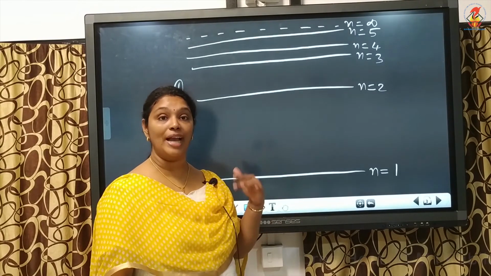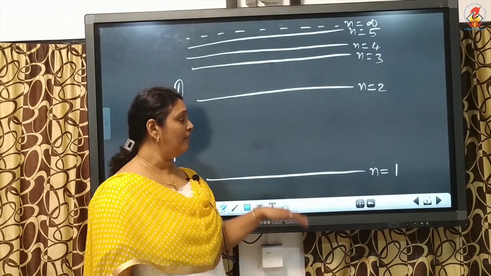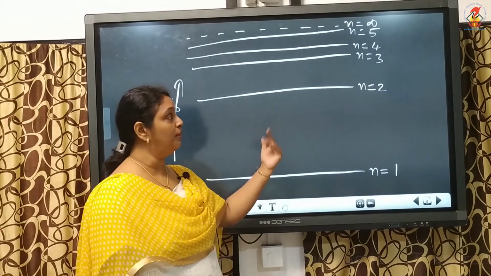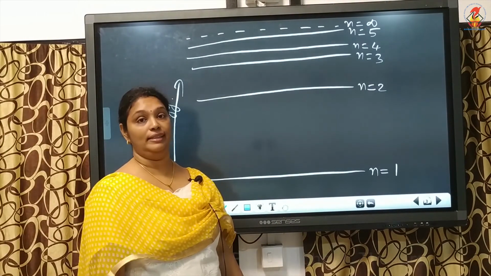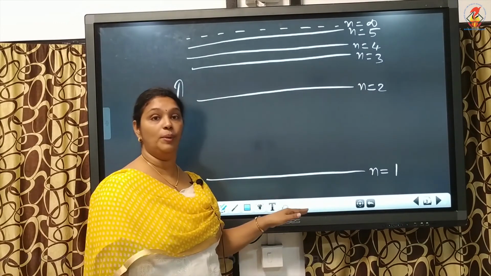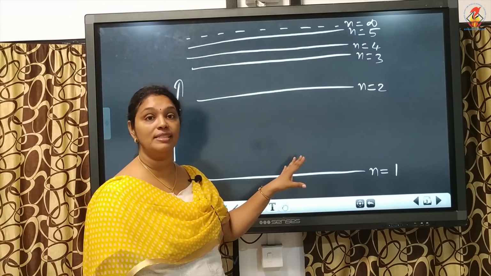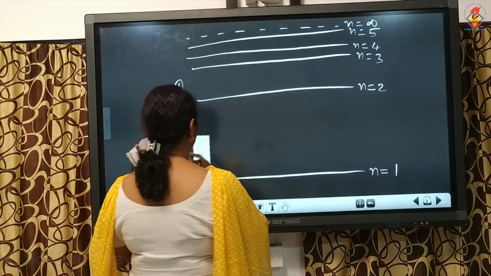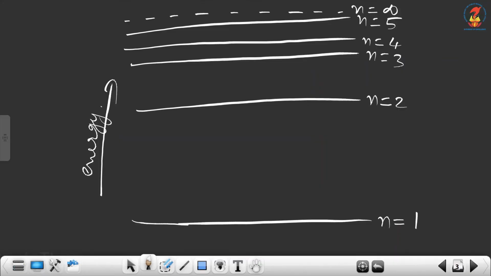Now when it comes back to lower energy state, some of them will come back to n equal to 1, some will come back to n equal to 2, some to n equal to 3, like that. The radiations that come to n equal to 1 are grouped under the Lyman series. We can say the radiations are emitted, because this is the line spectrum of hydrogen, the emission spectrum.